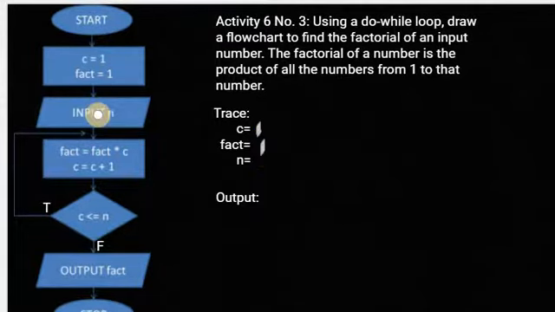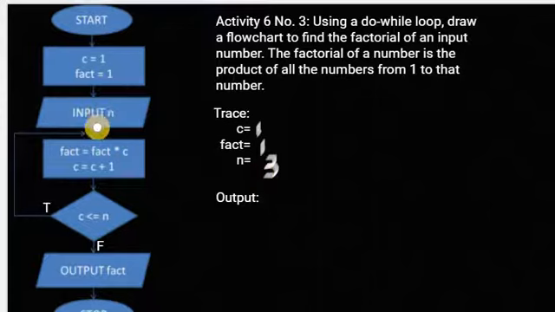And then right down below, we have an input command. So we're just going to give it a sample number. Let's say we have the inputted number, a sample value of 3. So this means that the flowchart is going to calculate the factorial of 3.